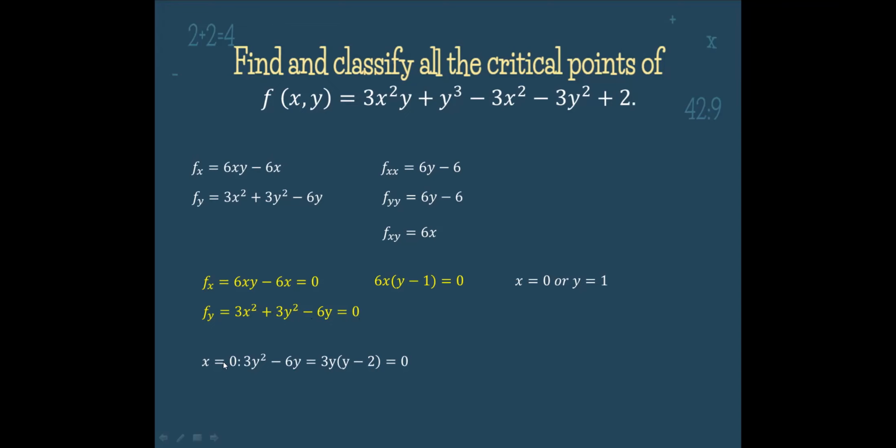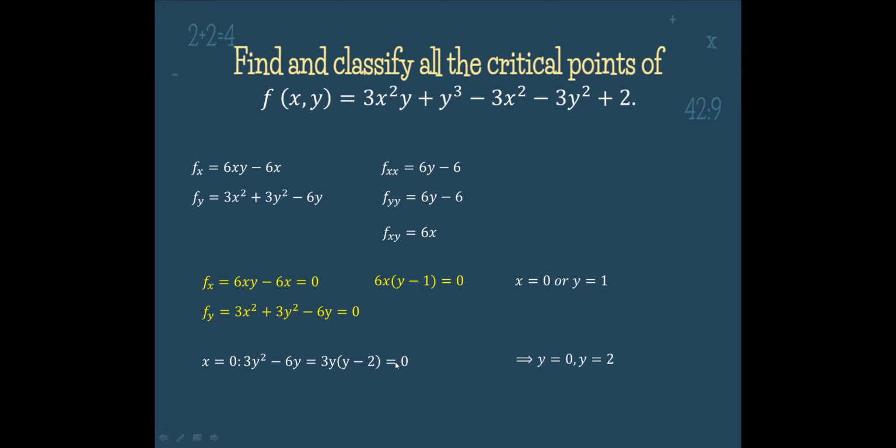When x is 0, this becomes 0 here, so what is left is 3y squared minus 6y. This can be factored as 3y times y minus 2 equivalent to 0. Therefore, we expect that y has two possible values: y is 0, and the other one is y equivalent to positive 2.